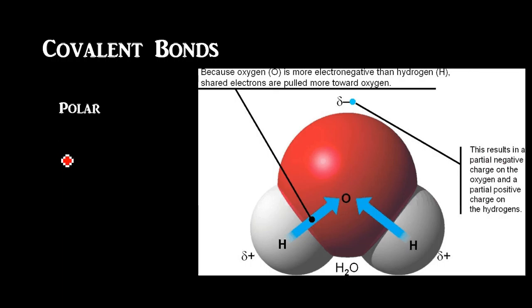One of its properties is that it's polar. What makes it polar? Well, oxygen is slightly more electronegative than hydrogen. So the electrons are going to be pulled more towards oxygen, and that's going to make it kind of a stronger bond. It also gives a partial negative charge because those electrons are pulling towards oxygen more than they're pulling towards hydrogen.